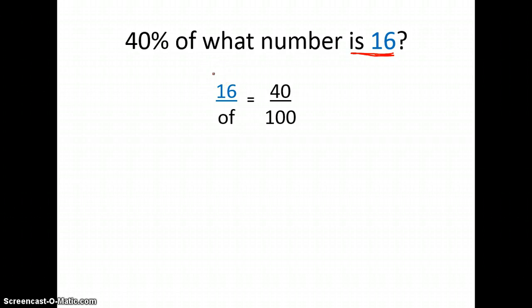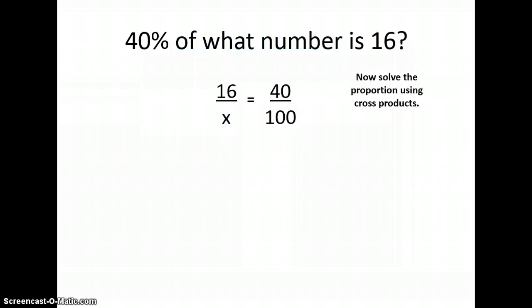So looking through this, I notice that I am missing the "of". I don't know what number 16 is 40% of. I don't know what the whole is. So I put an x there. And again, I'm going to solve this using cross products because I don't know what number I need to multiply 16 by to get to 40, or divide 40 by to get to 16. So I cross multiply.